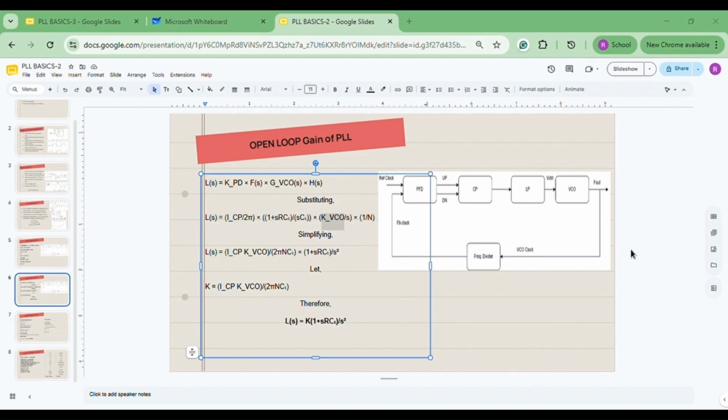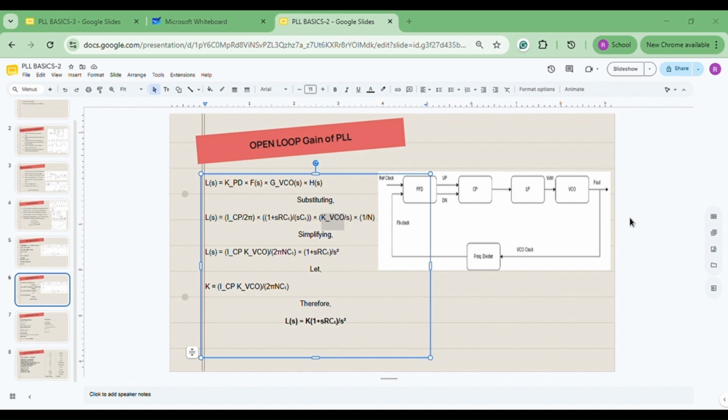So this capacitor will basically store the current in terms of voltage. As I already told, for modeling phase we are using voltage, and for modeling frequency we are using current. And this stage is again fed back to the frequency divider.